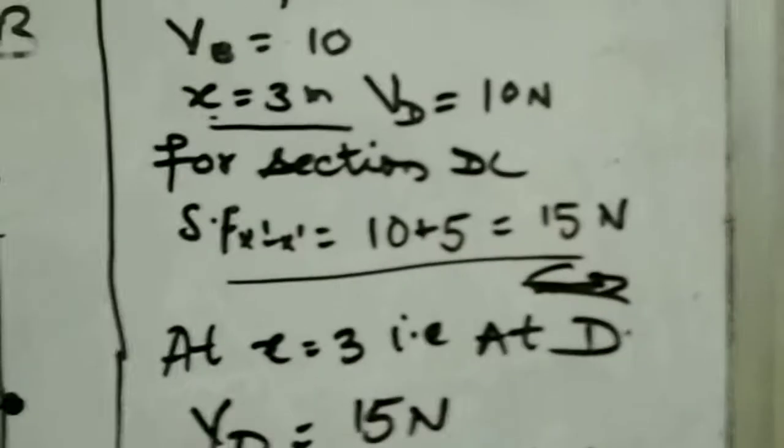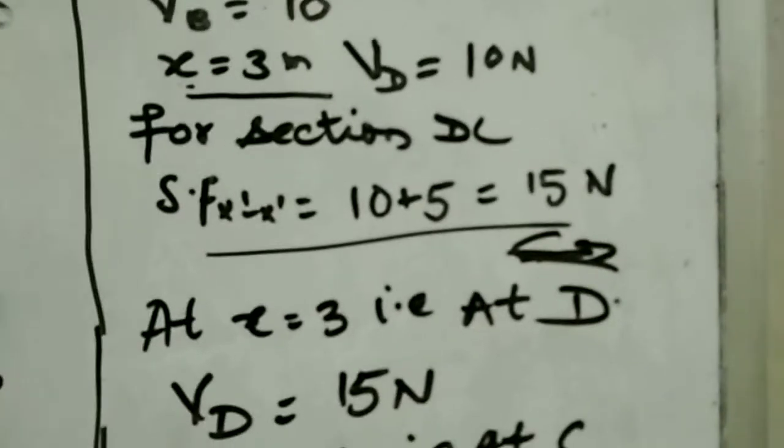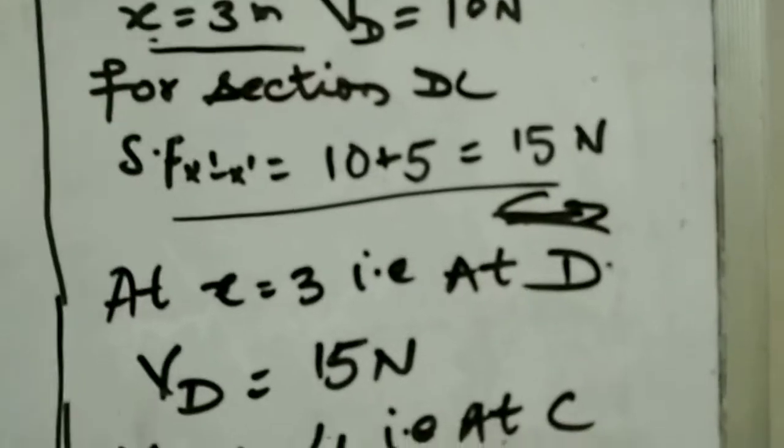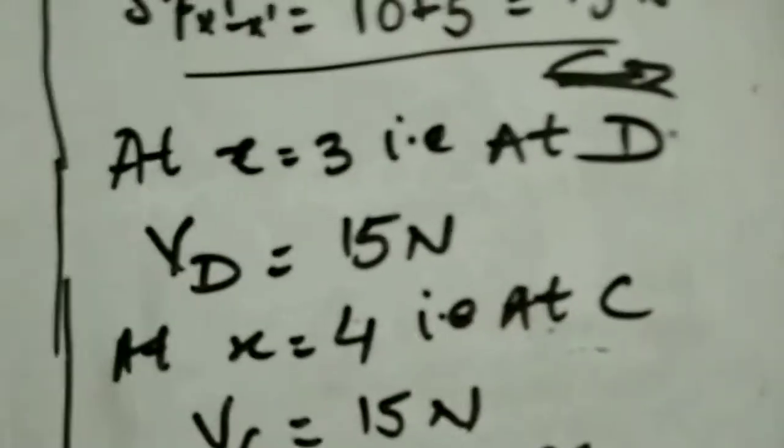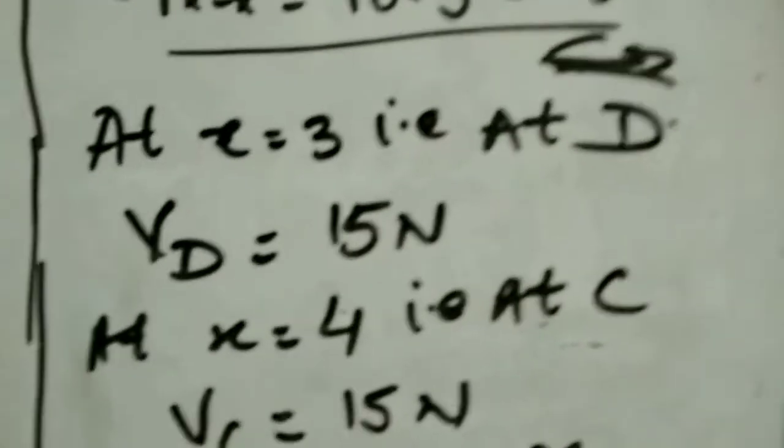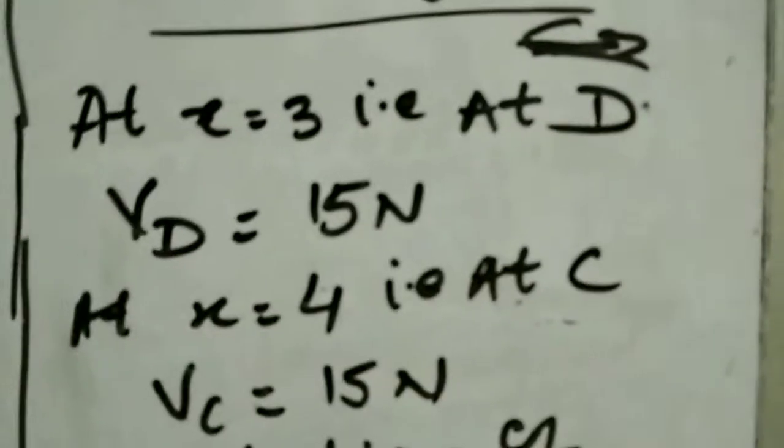So the value of shear force at salient points of the section DC is, at point D, we'll put the value x equal to 3, that is 15 Newton, and at point C, that is x equal to 4, the value of shear force is 15 Newton.